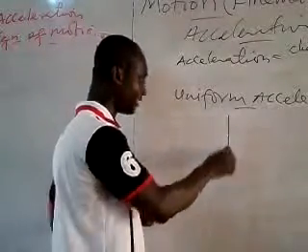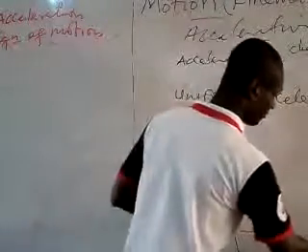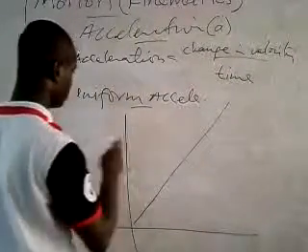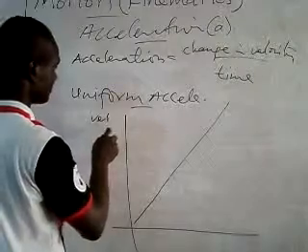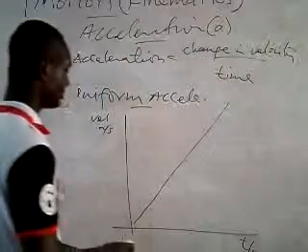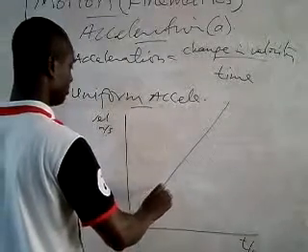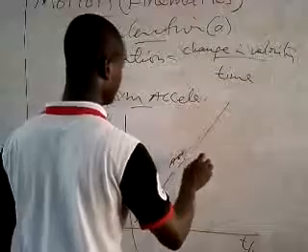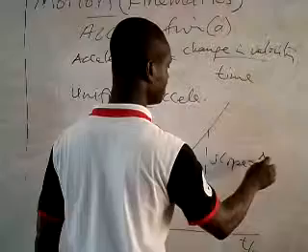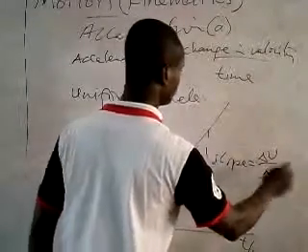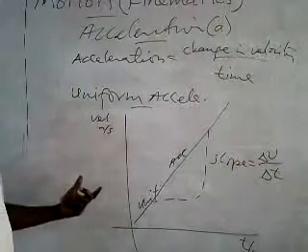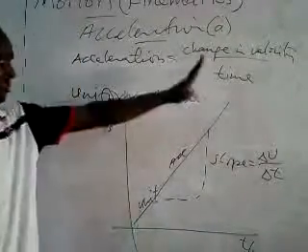And if you draw a graph for constant or uniform acceleration, you get a straight line when you plot a graph of velocity in meters per second against time t in seconds. The slope will be equal to change in velocity over change in time. And as we know, change in velocity over time is acceleration. That is uniform. You have a straight line.